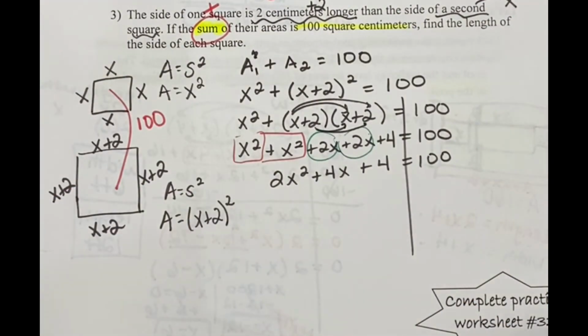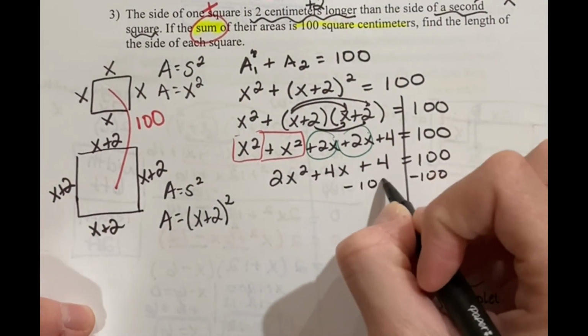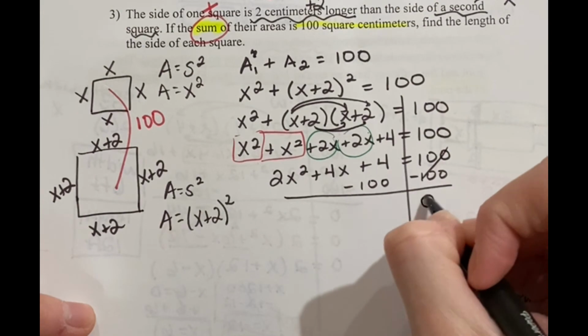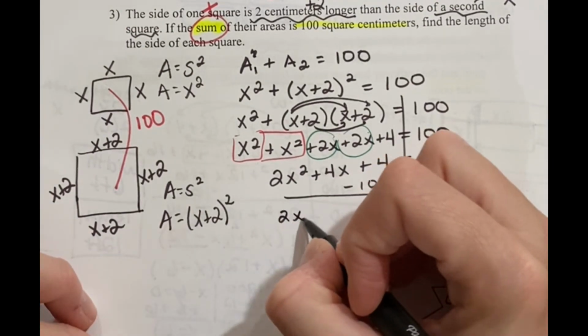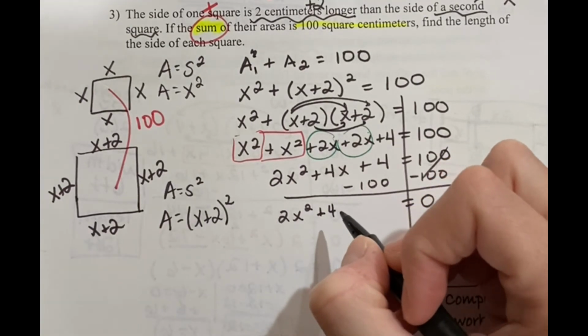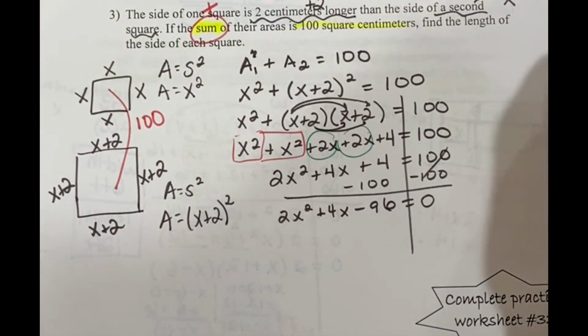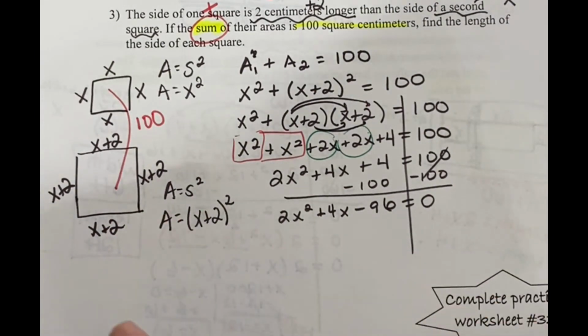Now we need to set it equal to 0. So I need to subtract 100 on both sides. And I get 0 equals 2x squared plus 4x minus 96. So now we need to factor, and I see that there's a GCF here.